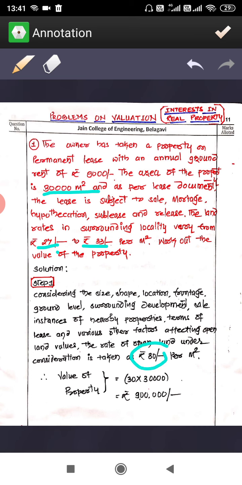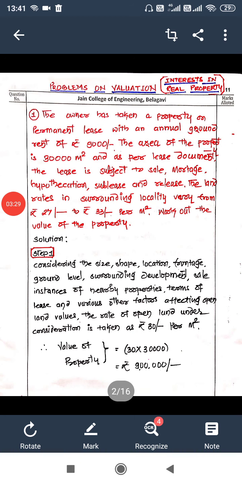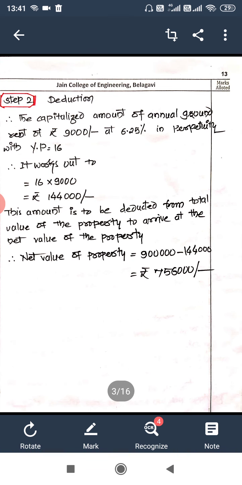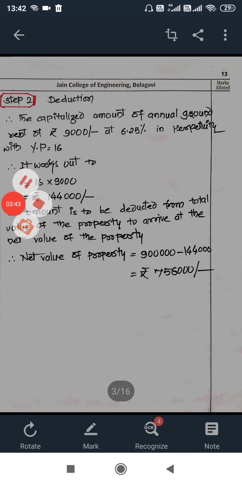So I'll get the value of the property as 30 into 30,000, which is going to be 9 lakh rupees. That is the value of the property, and then I have to do the deductions for that. I have to work out the total deduction, and I'm going for that based on the year's purchase.